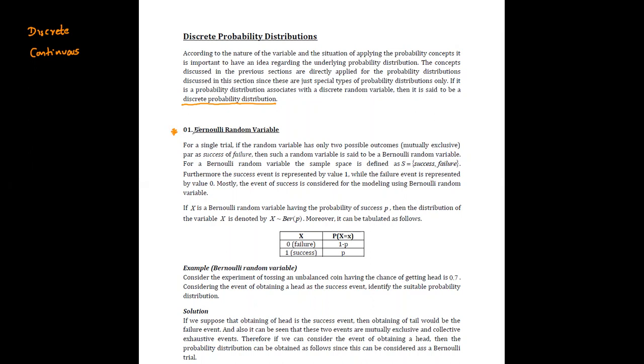Rather than calling this a probability distribution, it can simply be called a random variable, and the nature of the random variable is said to be Bernoulli. That is why we call it the Bernoulli random variable. Suppose you are performing an experiment, and for a single trial of that experiment you get a random variable having only two possible outcomes.